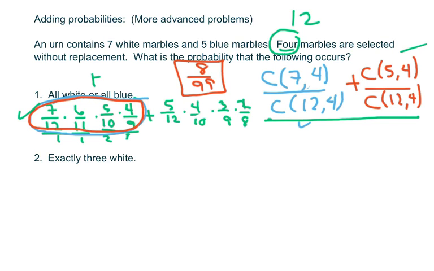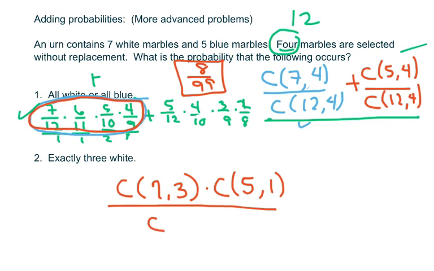Now, this is what I'm going to do on all of these. So we want exactly 3 white. So basically that means it's not even an or here. We're going to take from the white, we want 3. And from the blue, we have to have what? 1. Because you have to have 1 blue to make this exactly. So this is not even an or. And my total is 12, comma 4.